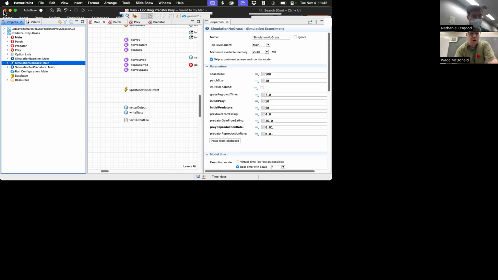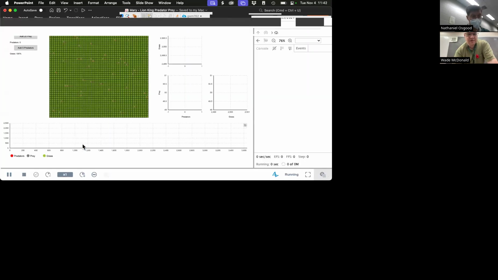So the next one I want to run is a no predators scenario. So this will have grass. You can see the grass starts green or lush, and then we have prey animals around the map, and they're eating the grass.